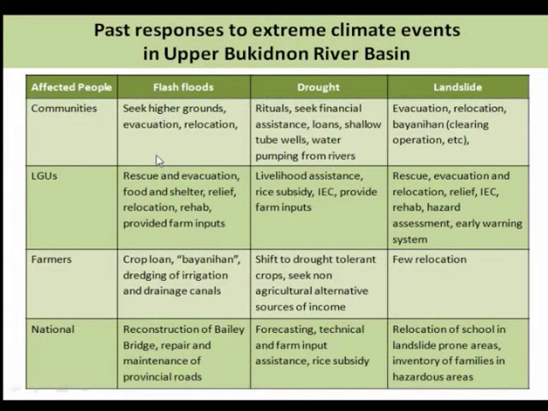Again, here is another example of past responses to extreme climate events. This time, this is in Upper Bukidnon River Basin in southern Philippines. And again, this was generated through a participatory workshop involving the communities, local government units, farmers, and even representatives of national government agencies in that particular river basin.